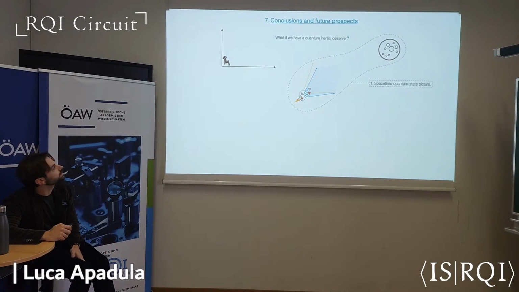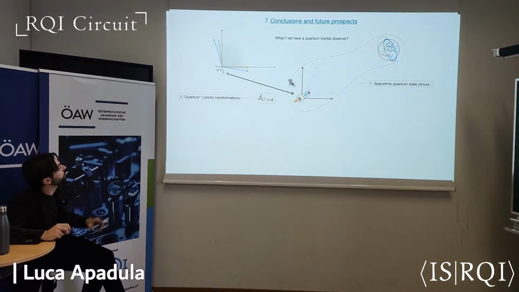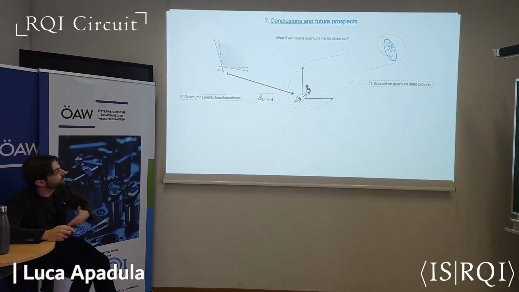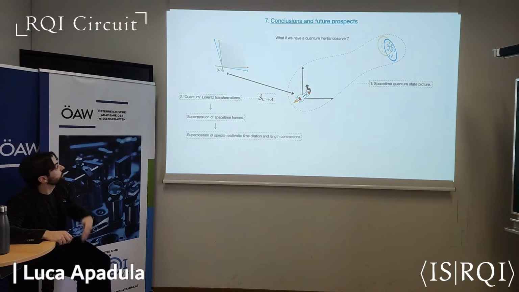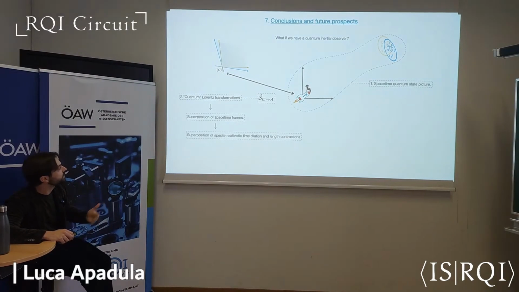And then, thanks to what is called a quantum Lorentz transformation, we can perform this change of perspective, obtaining all the consequences that we already saw: superposition of space-time frames, superposition of special relativistic time dilations, and length contractions. So this is basically the summary of this work.